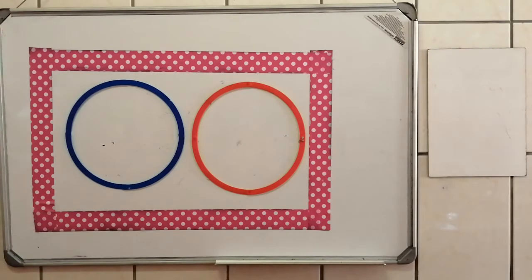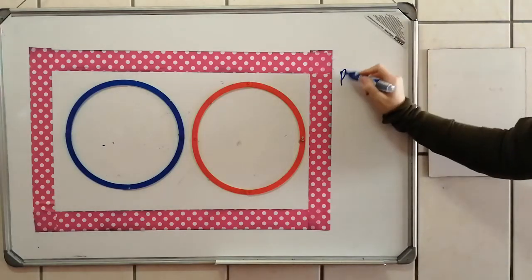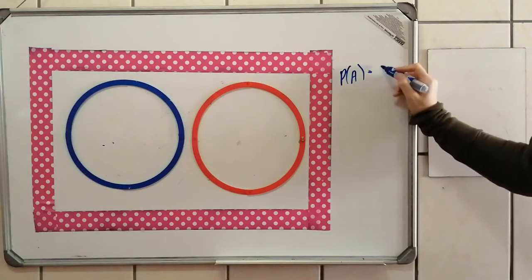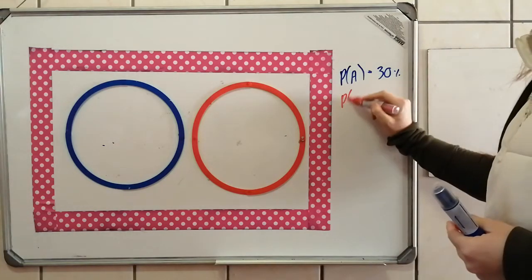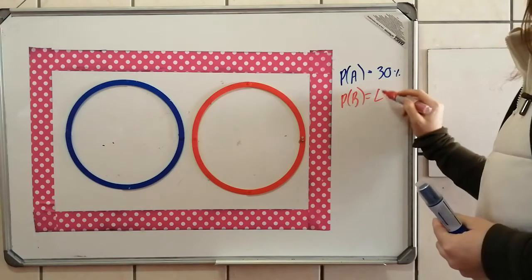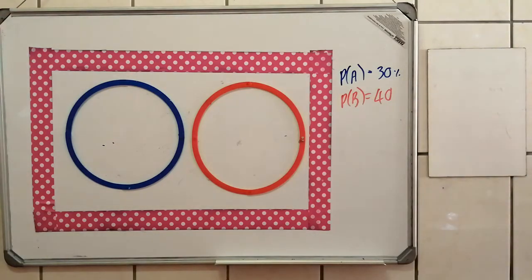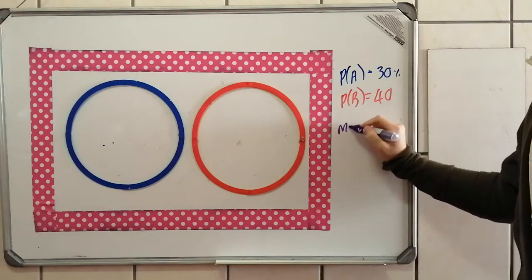So your first example for today reads like this: the probability of A is 0.3, the probability of A is 30%, okay, and the probability of B is 40%, where A and B are mutually exclusive. So that's the next thing we've learned, that they're mutually exclusive.